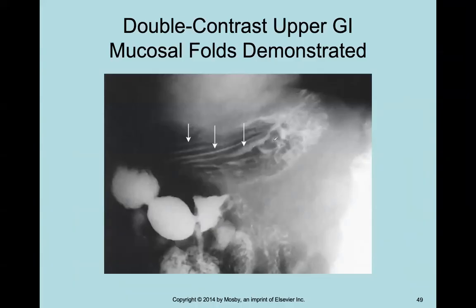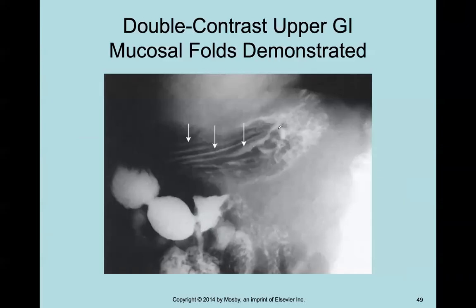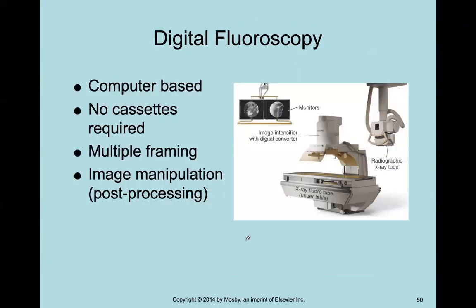This is what a double contrast looks like. You can see the rugae, the mucosal folds are demonstrated on a double contrast. Whereas on a single contrast, you can't see the rugae, it's superimposed with the barium. So let's say we're doing this for possible ulcers, or maybe trying to find some sort of polyp. You need to do a double contrast.